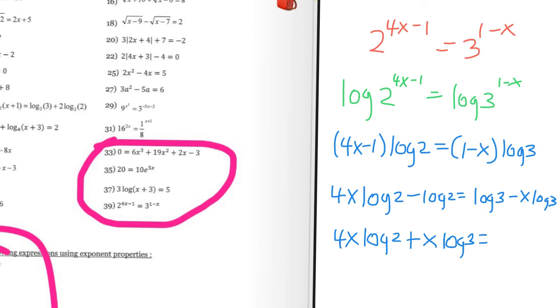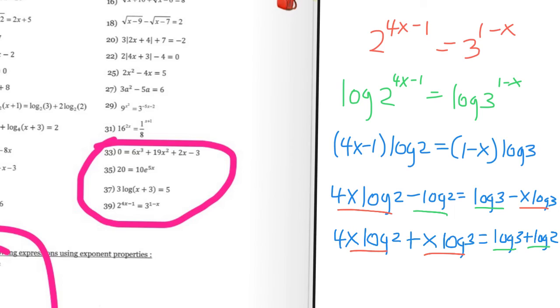And we're going to add log 2 to both sides, so we would end up with log 3 plus log 2. Okay. So these are the constants, and these are the terms that have x in it.